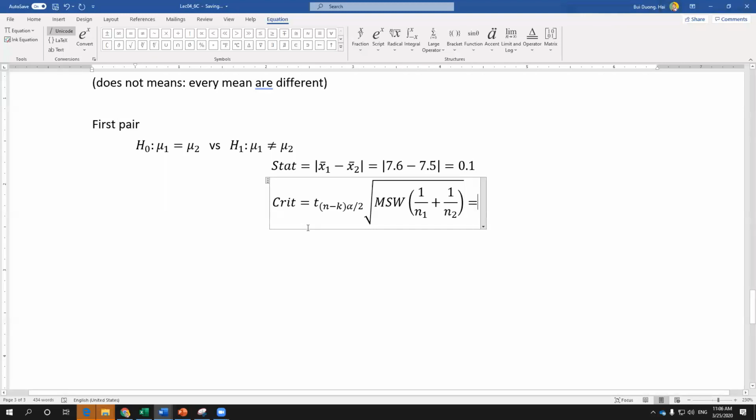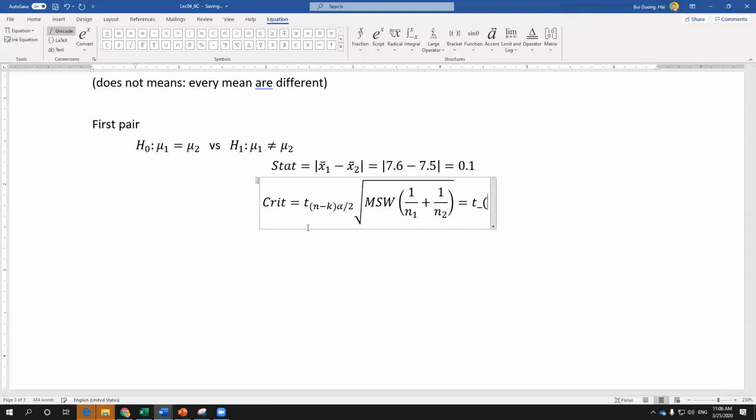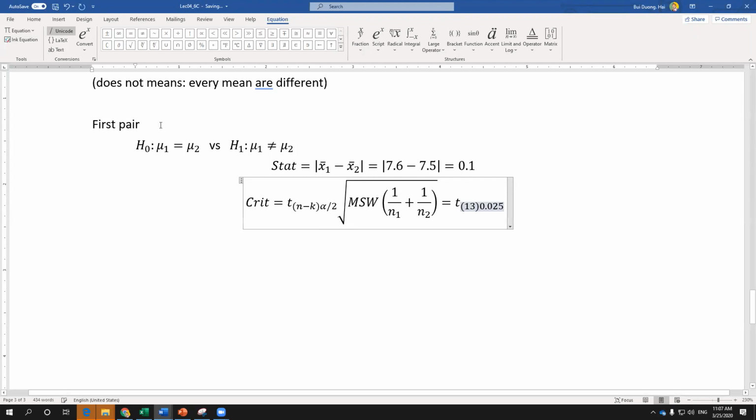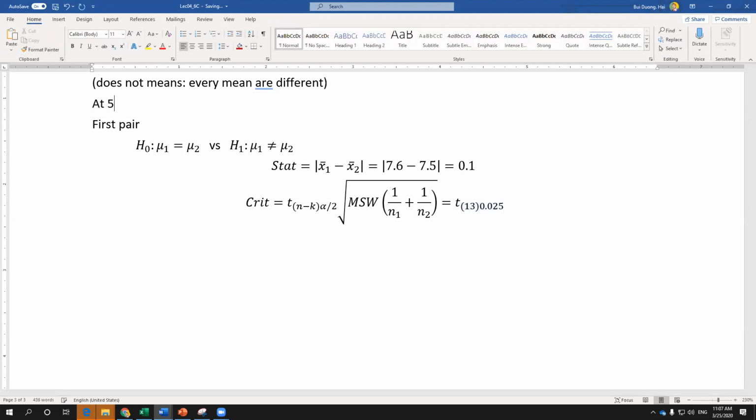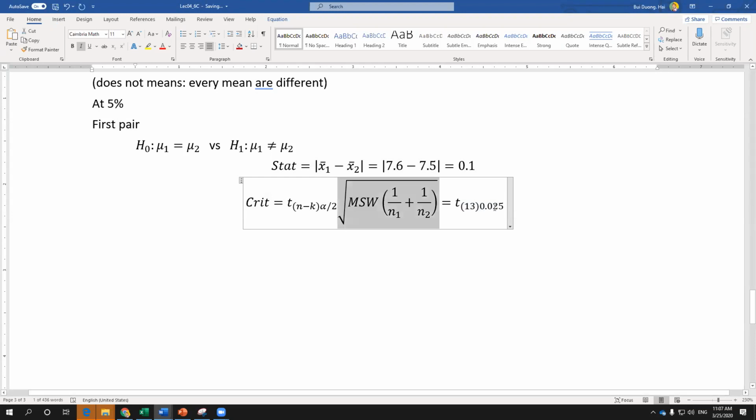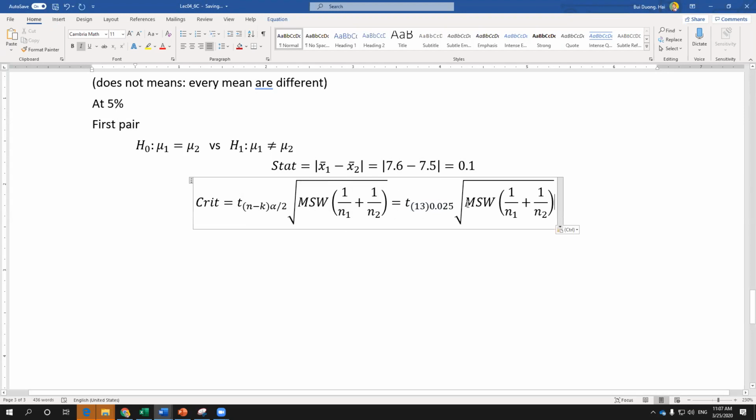Now t equals how much? n minus k is 13. And alpha I give at 5%, 0.025. Yeah, at 5%. Square root of what? MSW, how much?